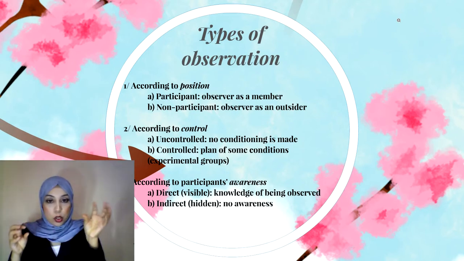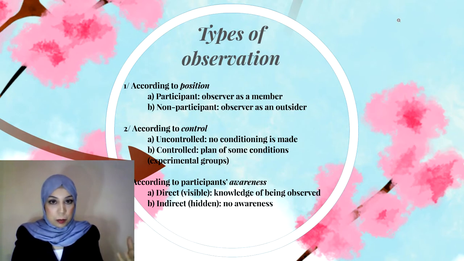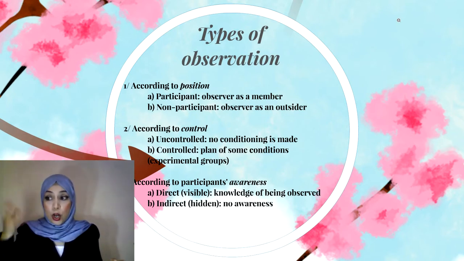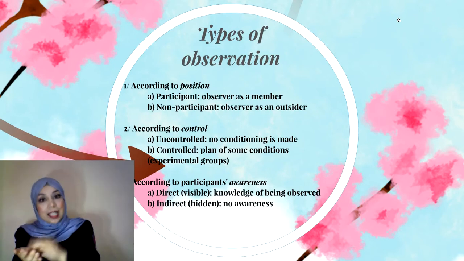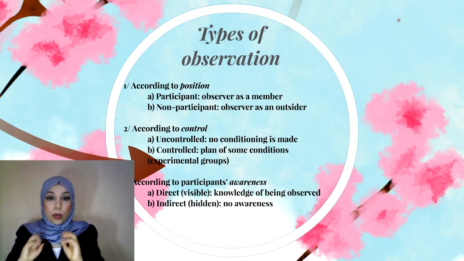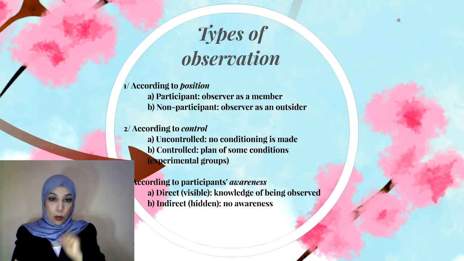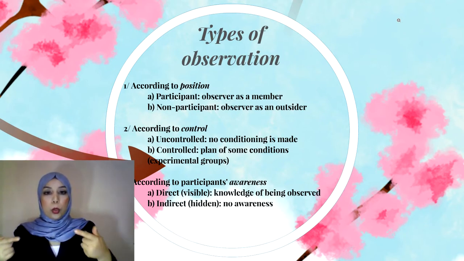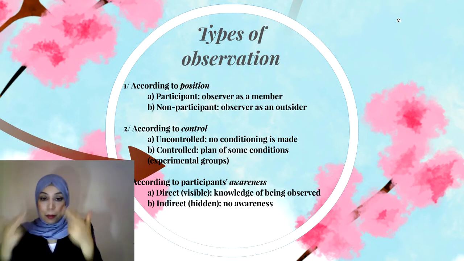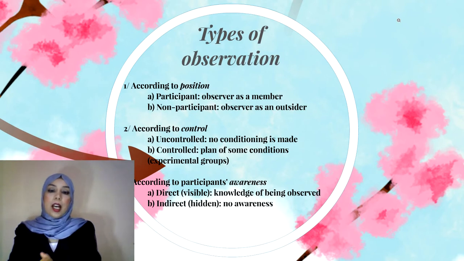Because the first one, being outside, is natural and spontaneous and there is no conditioning, whereas the second one is under condition, and the condition is the examination. So the behavior that I am observing is not the natural one as in the first case, but rather the controlled one. So what I am observing is controlled behavior, and therefore I am tackling a controlled observation.